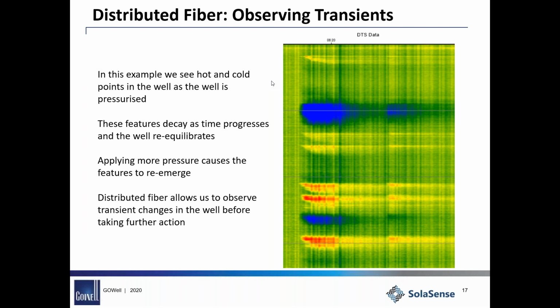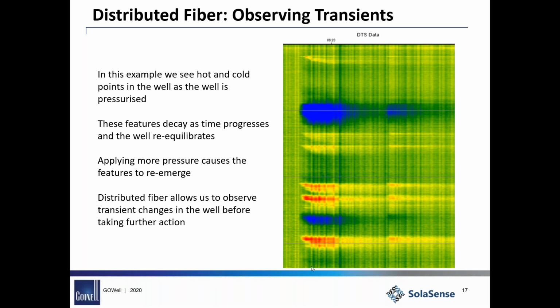And again, this is using the fibre data almost in real time to allow us to see transients as they occur and understand and know when they get below the detectable limit before I then take the next action in the well. And again, that's quite hard to do with a wireline survey.